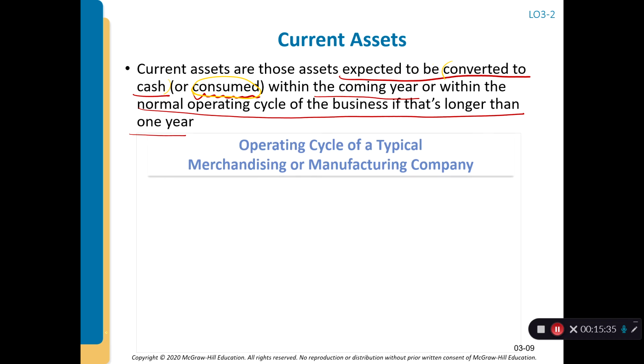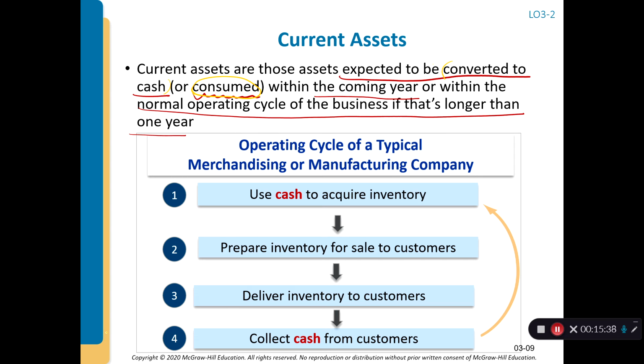First of all, let's understand what an operating cycle is. For a typical merchandising or manufacturing company, the operating cycle refers to the period of time from the initial outlay of cash, meaning you use cash to acquire something, until you collect cash from the customer. So that's the cycle. Let's use inventory as the example.